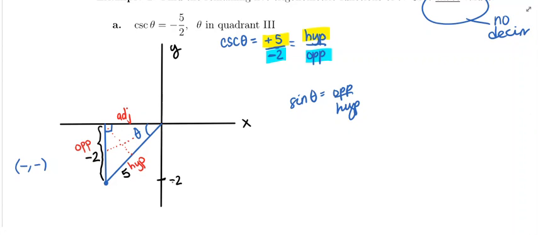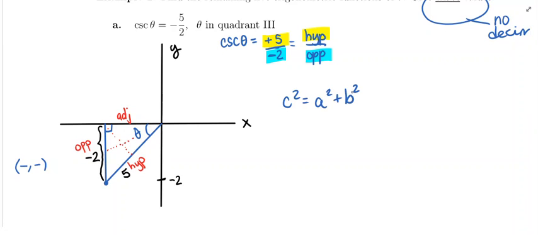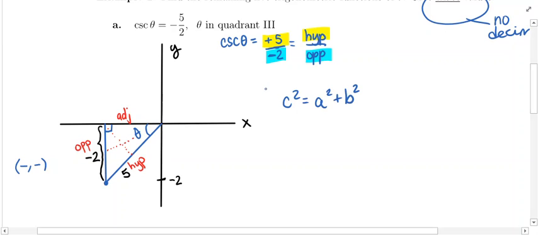We have 2 sides of the triangle. We need the third side, so we're just going to use the Pythagorean theorem. c squared equals a squared plus b squared. The hypotenuse is always c. It doesn't matter if you call a the opposite or the adjacent, same thing with b, but c is always reserved for the hypotenuse.